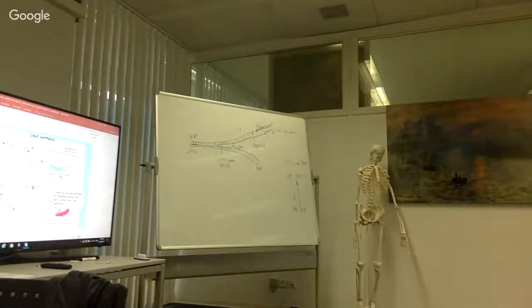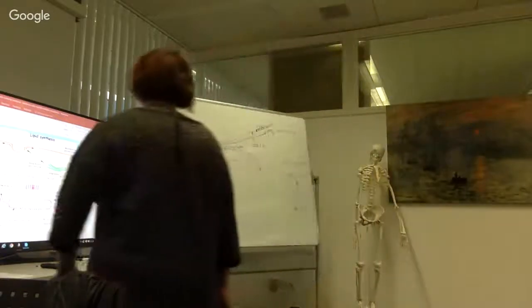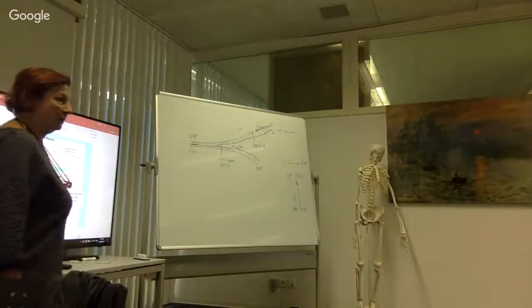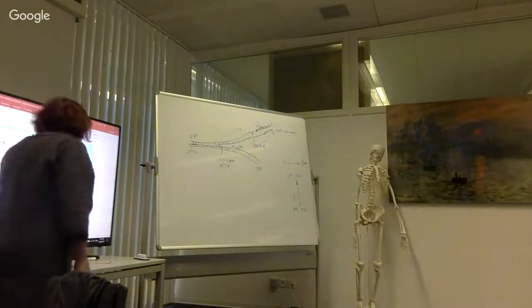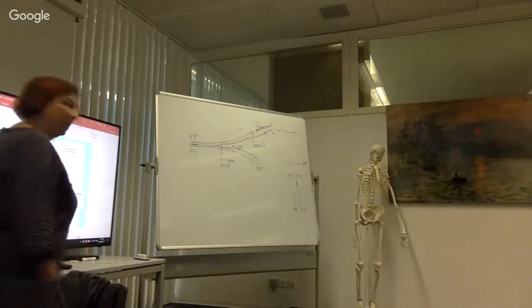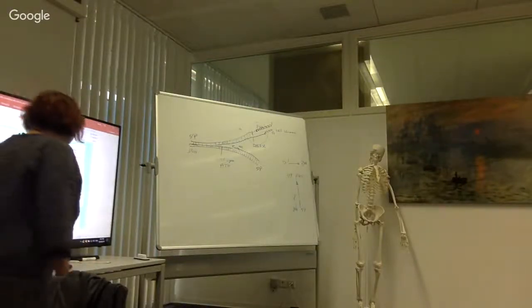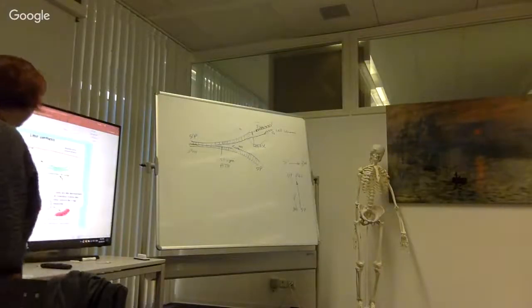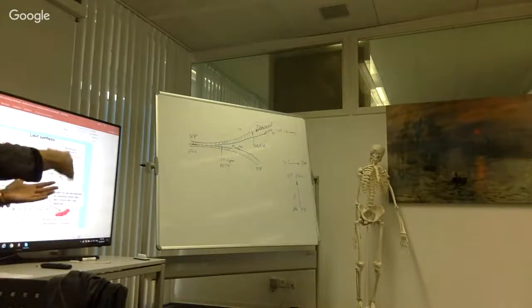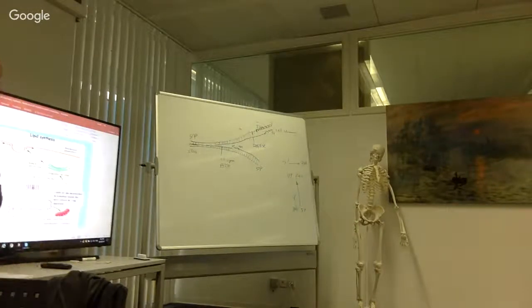Lipid synthesis occurs at membrane level. This is a draw showing a smooth membrane. In this membrane, lipids are synthesized. There are enzymes involved in the synthesis of lipids.